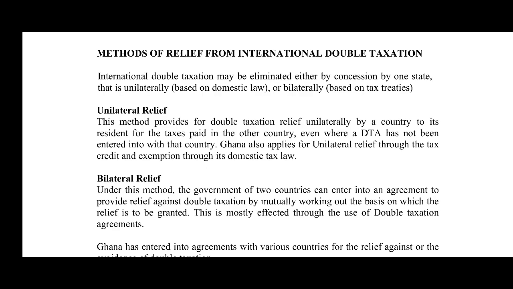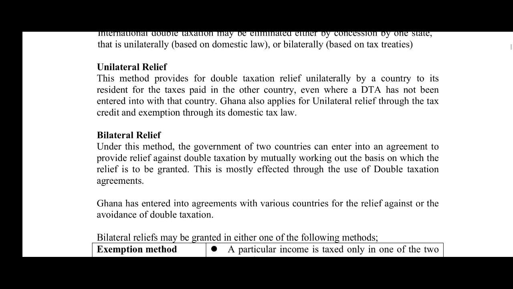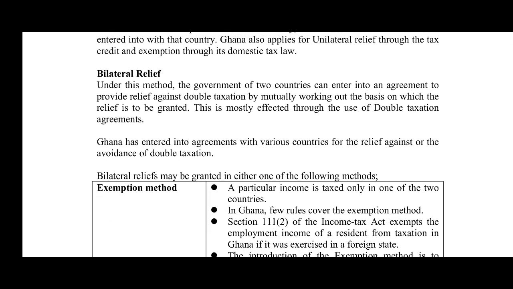Now, the next is the bilateral relief, and under this method, the governments of two countries can enter into an agreement to provide relief against double taxation by mutually working out a basis on which the relief is to be granted. So this is mostly effected through the use of double taxation agreements.